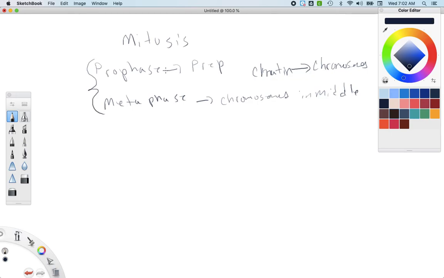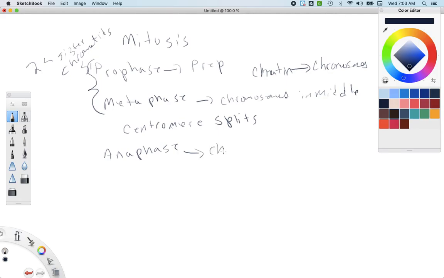Here, again, a chromosome is two sister chromatids joined by a centromere. When that centromere splits, we start anaphase and chromosomes move away from each other.